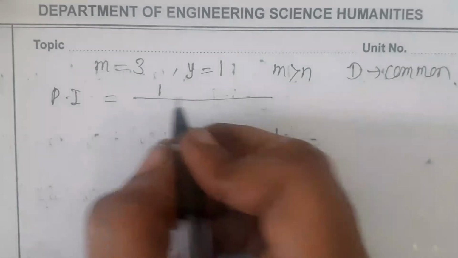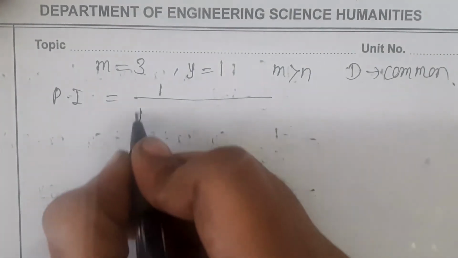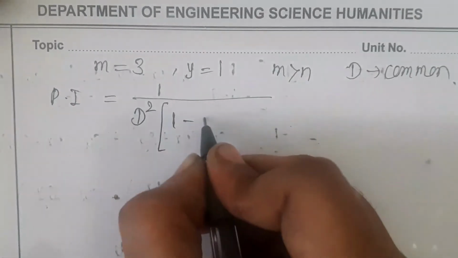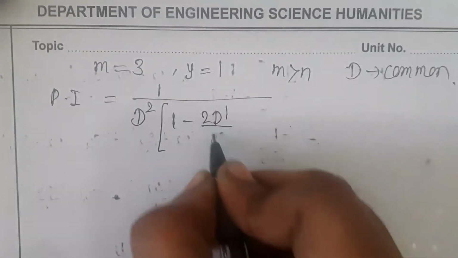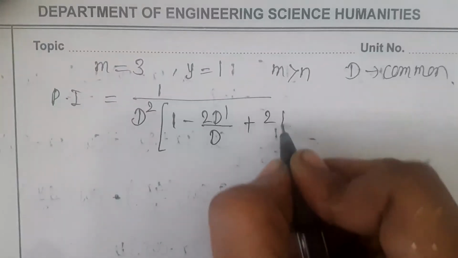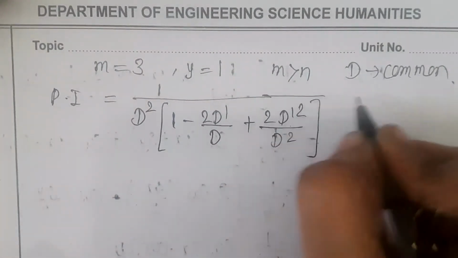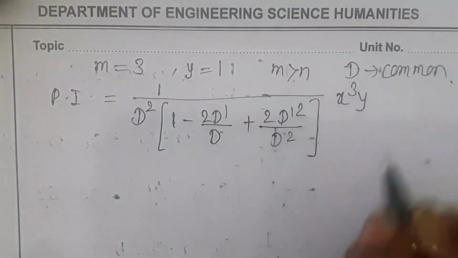So which is the highest power of D here? D square. So taking the highest power of D common, D square common, it is 1 minus 2D dash by D plus 2D dash square by D square, multiplied by x cube multiplied by y.